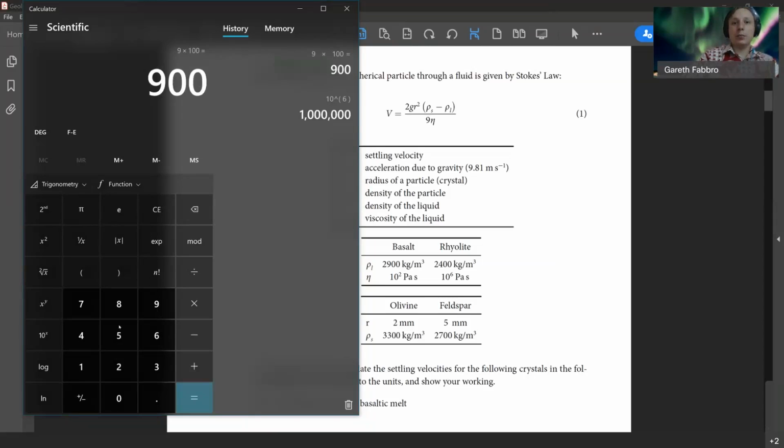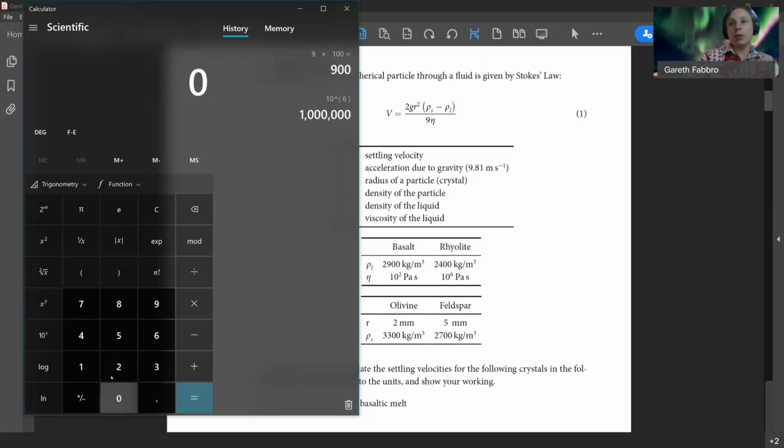The top, just plug in the numbers. And remember, you do what's in the brackets first. And if you have a calculator that you can put the brackets in, then you can use that. Work it out bit by bit. So it's the difference in the densities that matter.